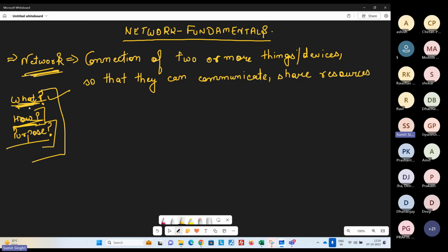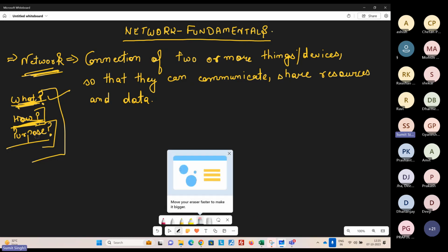What exactly is a network? Connection of two or more devices. How you establish a network, that we will study in the upcoming days. And what is the purpose of that? So that they can communicate and share resources and data. That's it. This is a network.